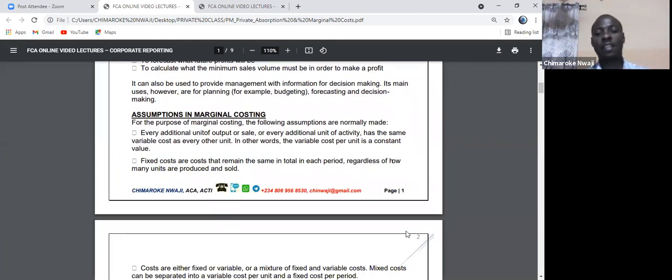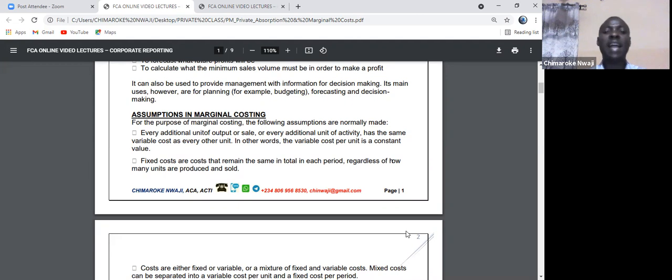Now let's see an example of this statement. If I buy a piece of egg, let's say egg is material I want to use for my production, and a piece of egg costs me 100 naira. So if I have 10 pieces of egg, I must have spent 1,000 naira.